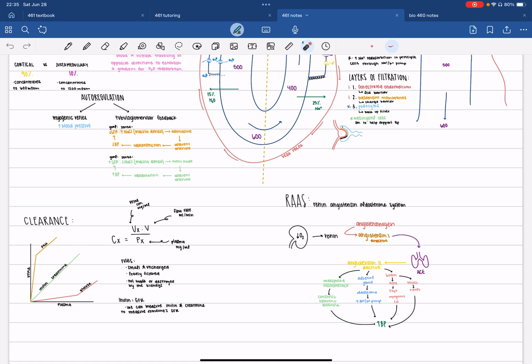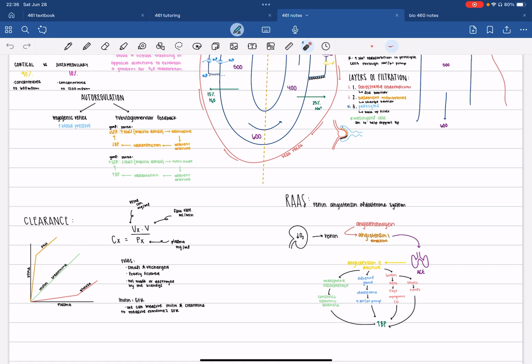So normally glucose should always be reabsorbed, should always be put back into our plasma. So if it is a healthy person, it should all be reabsorbed, and so its clearance should be 0 because it shouldn't be cleared of the plasma, if that makes sense.